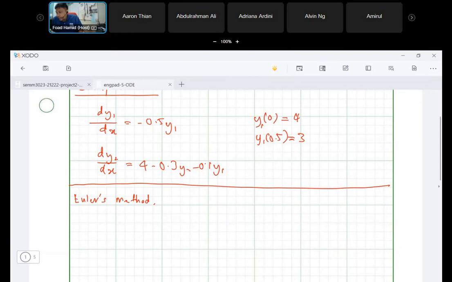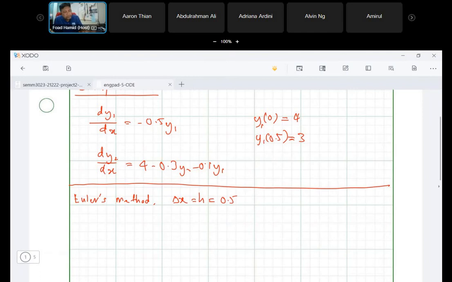I think the requirement is that our h from the example is 0.5. h is delta x, which is equal to 0.5. This is what we want.